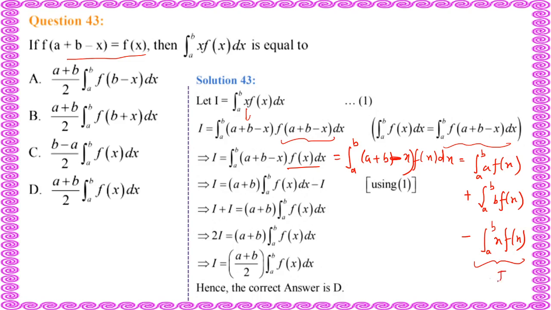This is I only. So minus I. And here, combining these two terms, we write a plus b, integral a to b of f x. Now taking this I to the left side, I plus I, a plus b, lower limit a, upper limit b, f x dx. 2I is equal to this; taking 2 here, a plus b upon 2, integral a to b of f x dx. What is the answer? D is the right answer.